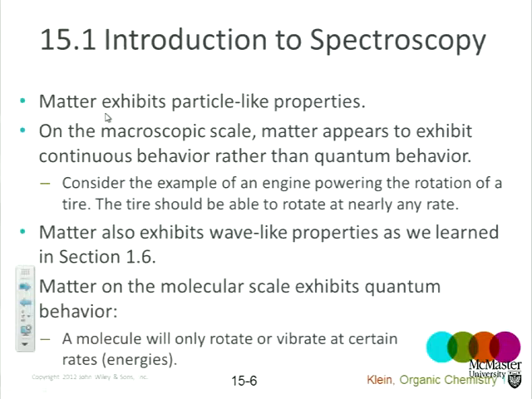Now, in the infrared area of the spectrum, we have less energy than that. UV-visible excites electrons from bonding to antibonding orbitals, but infrared has lower energy, and doesn't have enough energy to excite electrons from one orbital to another. But it can excite rotations and vibrations. And molecules can only rotate or vibrate at certain rates, at certain energies.